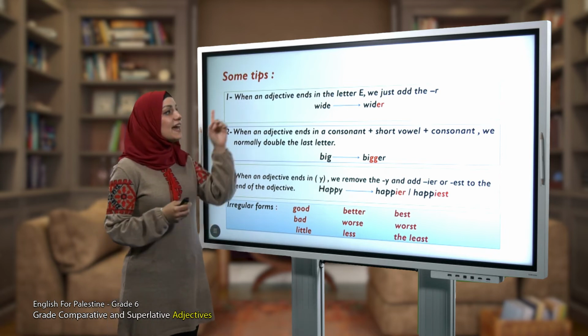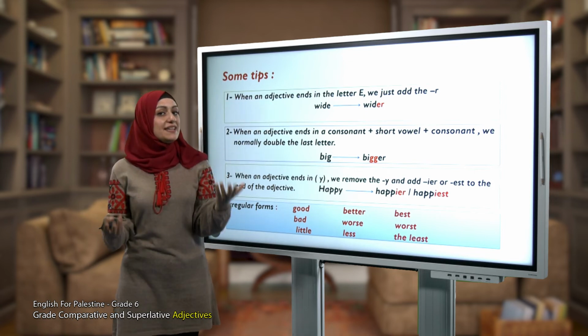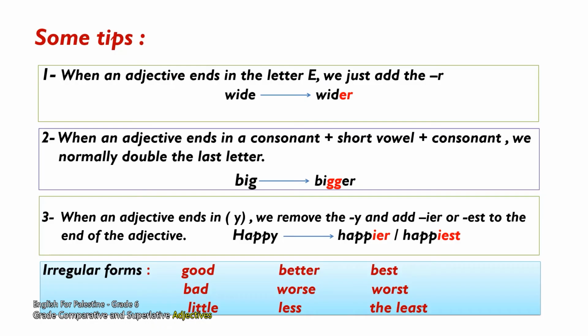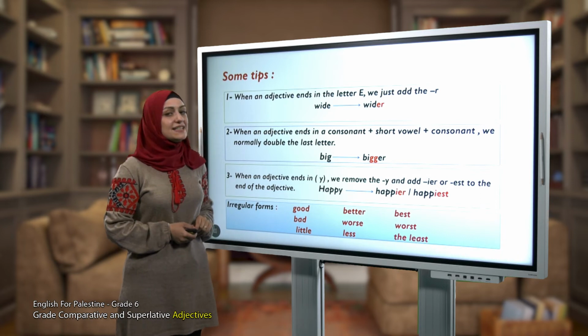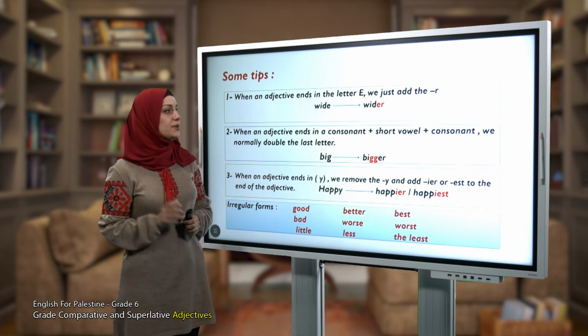Now, let's have some tips of writing. How do we add the ER or the EST to the adjectives? Notice that when an adjective ends with the letter E, we just add the R. Why? Because we already have E in the word. So wide, wider, we only add the letter R to the word.